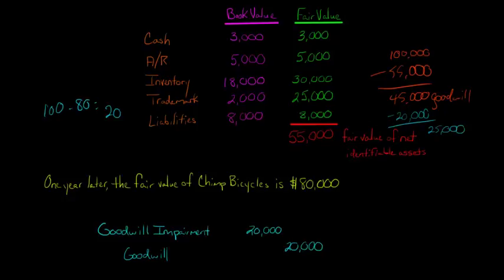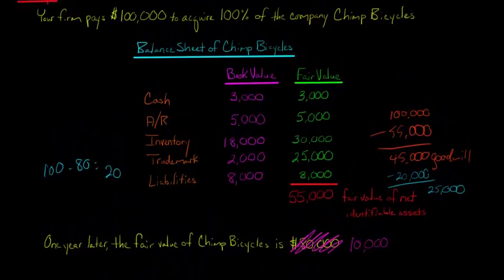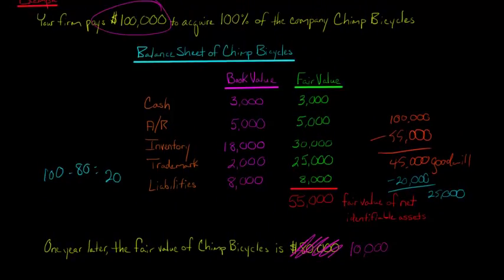Okay. Now, what if we had a situation where, 1 year later, instead of the fair value being $80,000, let's say the fair value was $10,000. So if we look and we say, okay, the carrying value is $100,000, and then now we look and say the fair value is $10,000, it would seem like we would have a $90,000 loss, right?